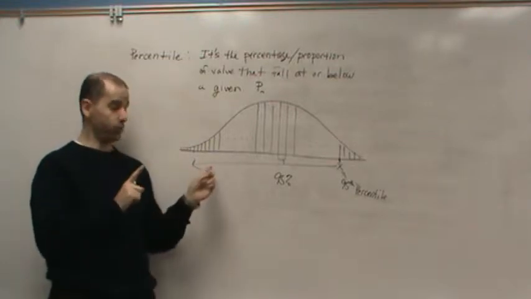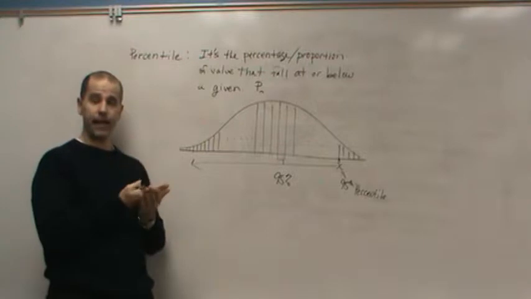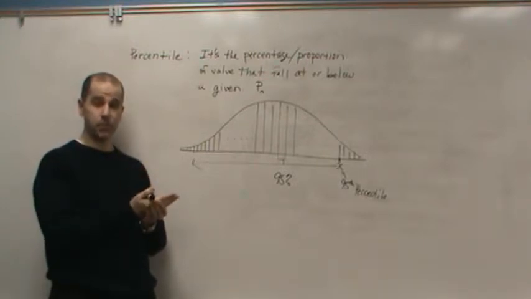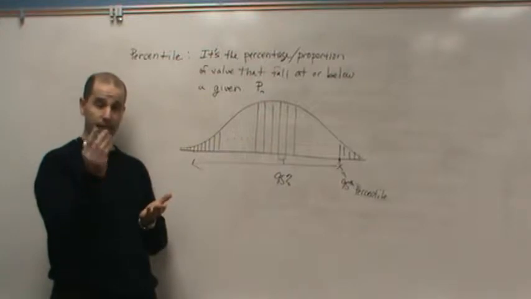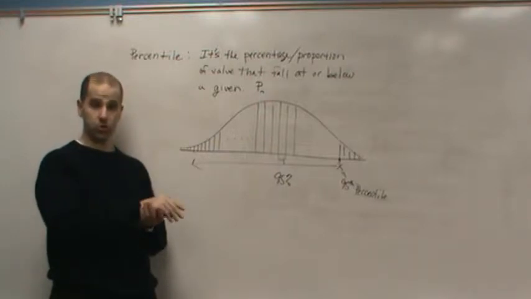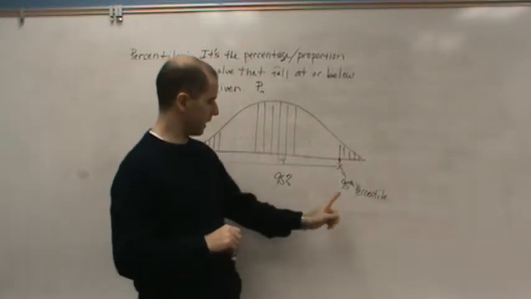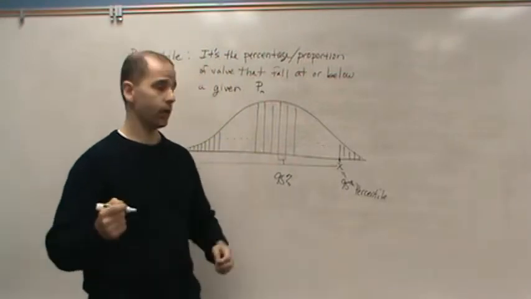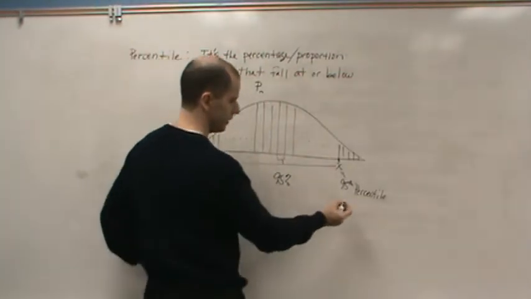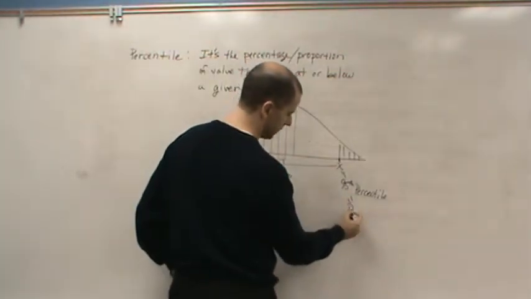More to the point, by definition, the 95th percentile means that 95% of the students that took the exam on the same day that you took it did as well or worse than you did. That's what we're talking about. So how would we represent the 95th percentile? This would be the same as just saying P sub 95.